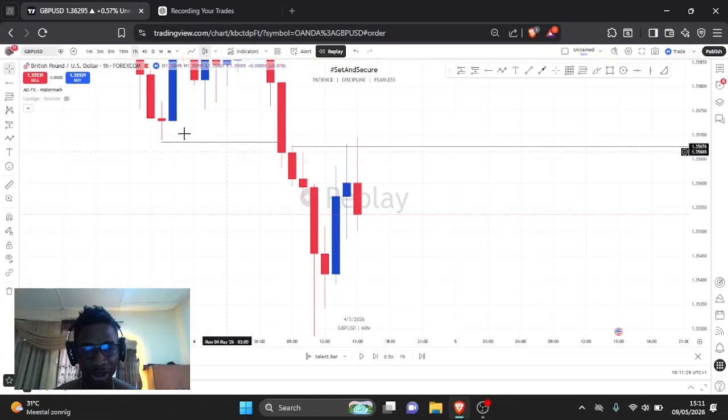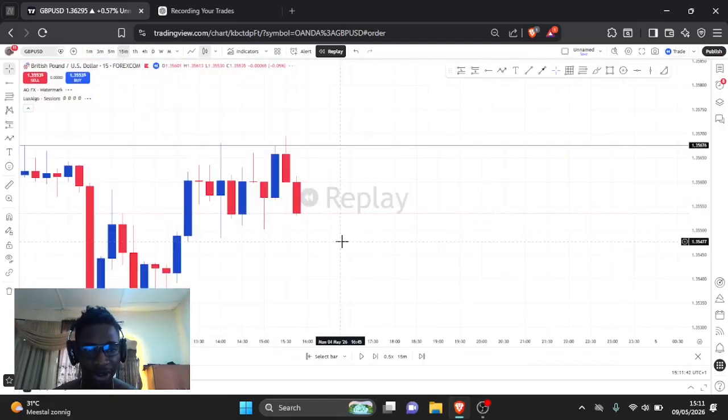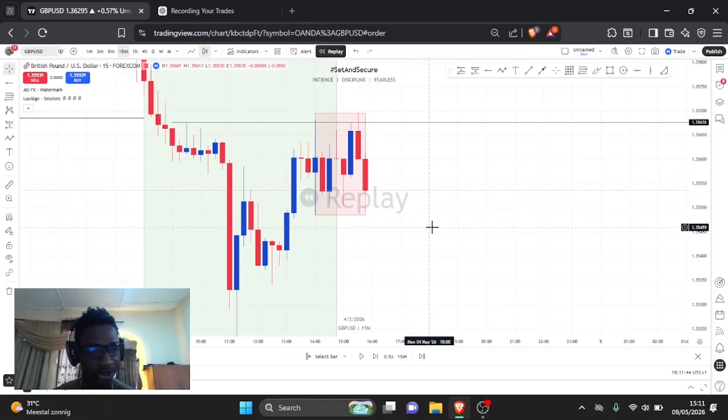And as you can see, New York session opened and swept. This is the candle that opened during New York session, and as you can see, it swept it. We don't know if it's a valid sweep or not, but all we know is New York session open has swept it. What are we going to use as confirmation?